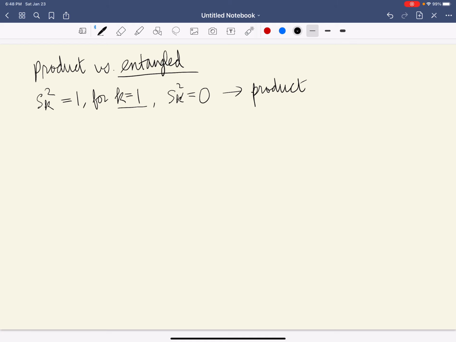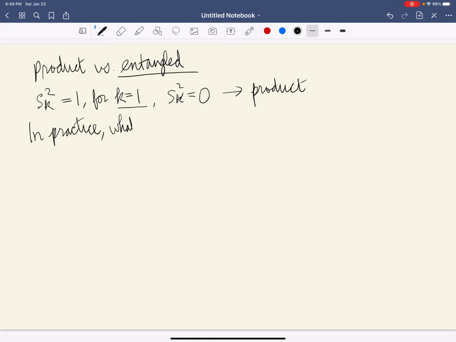Okay, so formally speaking, this distinction is, of course, perfectly okay. But in practice, what does it really mean that some state is entangled and some states are not entangled, but rather is a product state?